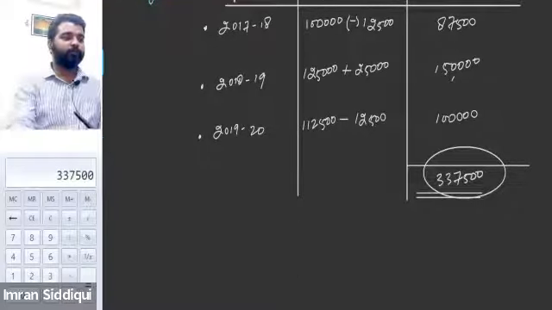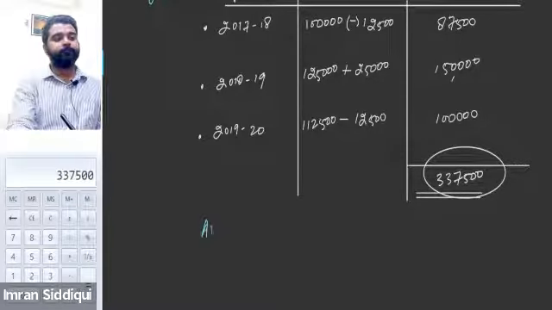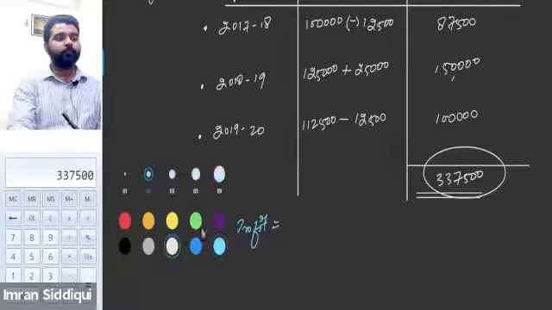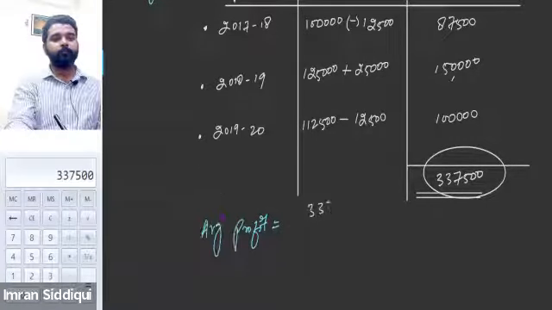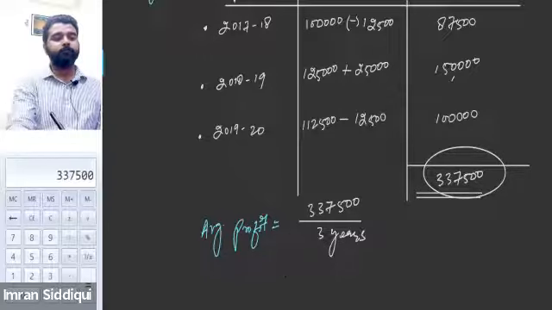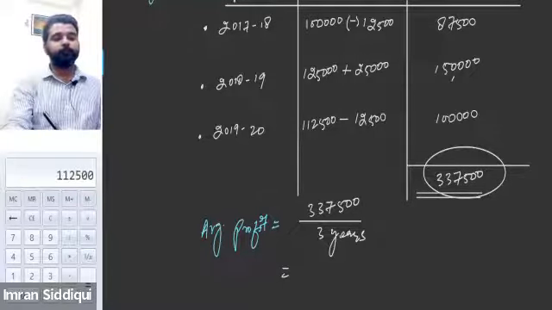Now we will simply find out the average profit. 3 lakh 37,500 divided by 3, the average profit of 3 years, which will be 1,12,500.